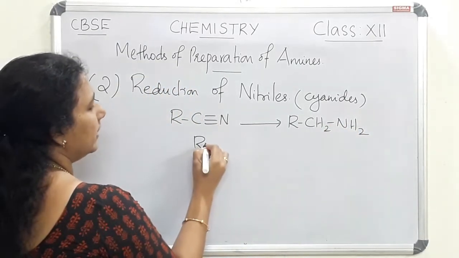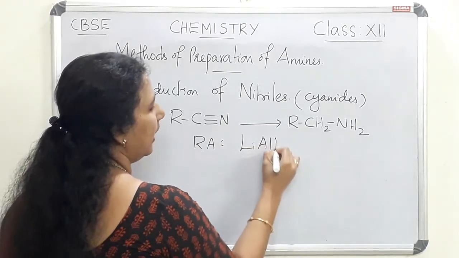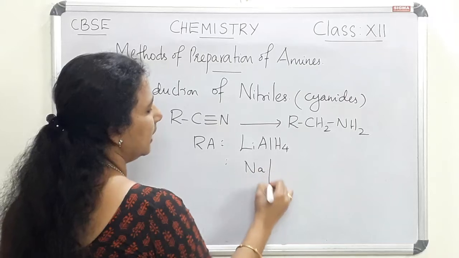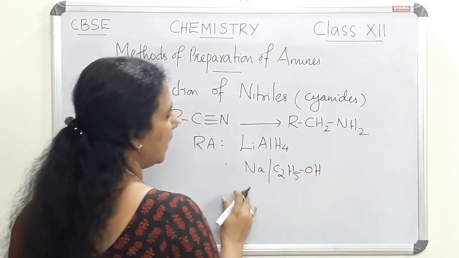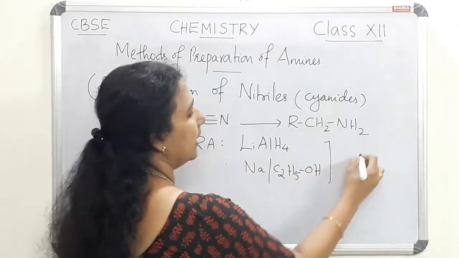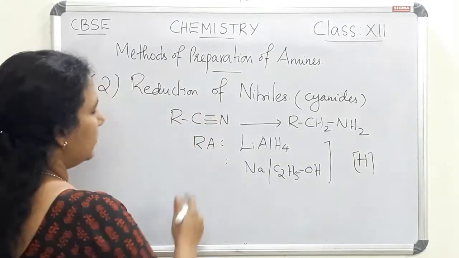Here the reducing agents can be lithium aluminum hydride or sodium in ethanol. So any of these two reagents can be used as a reducing agent in order to produce nascent hydrogen for the reduction reaction.